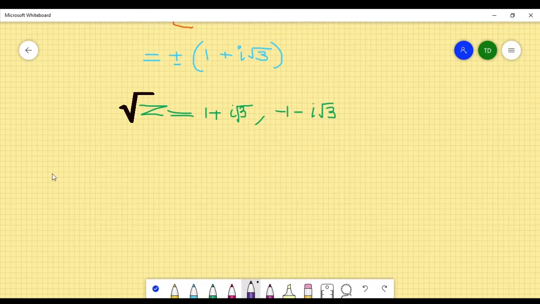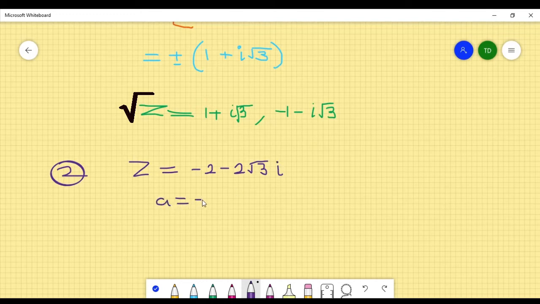Let us find the square root of z equal to minus 2 minus 2 root 3i. So here we observe the value of a is minus 2, and that of b is minus 2 root 3.